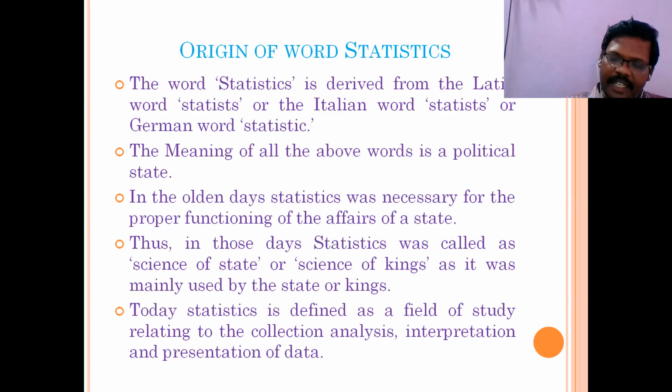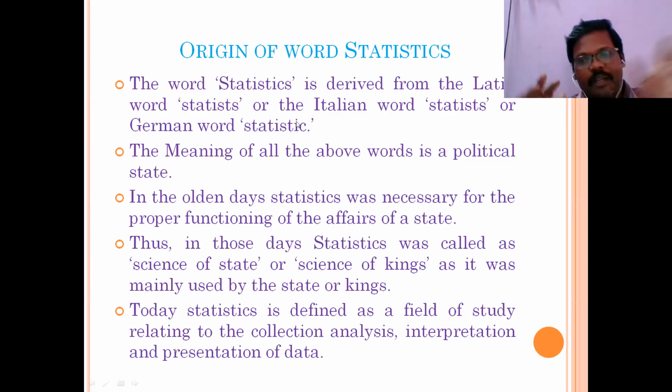We have taken from the Latin language, from the Italian word, and also from the German word. In Latin it is called status. In Italian it is also called status. In German it is called statistica.